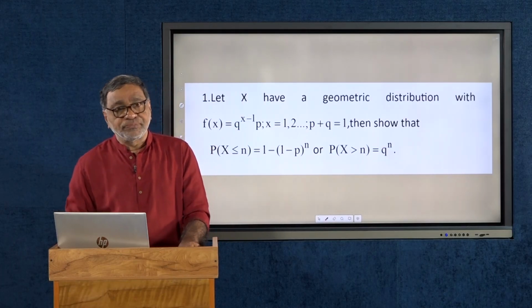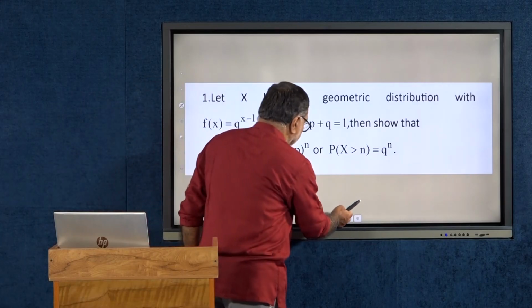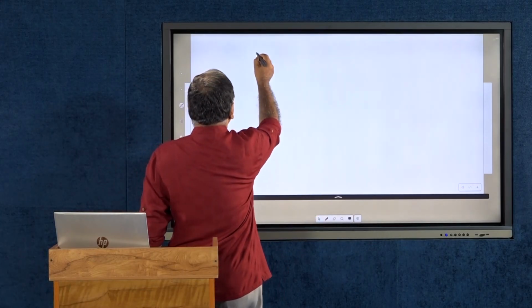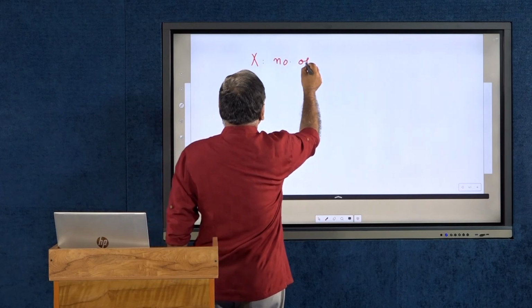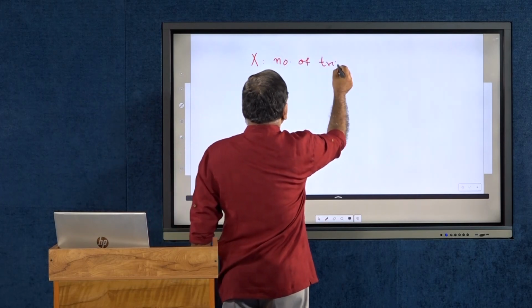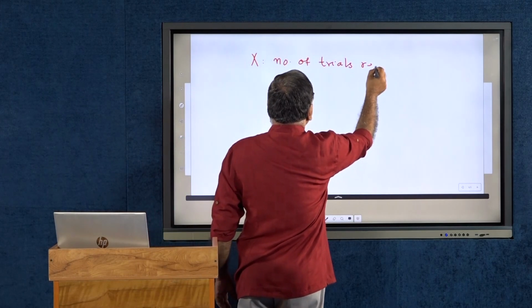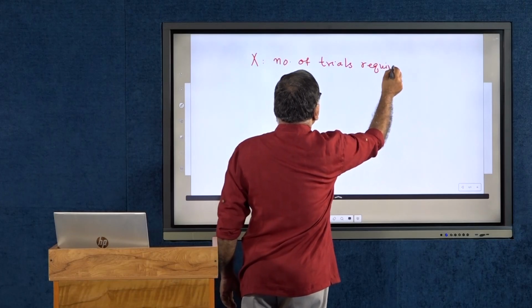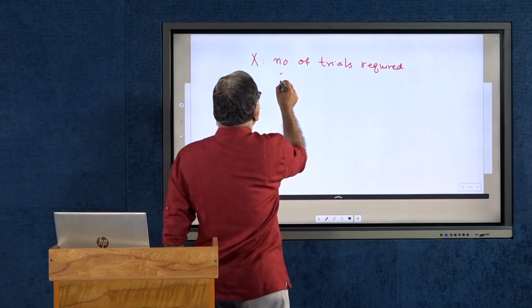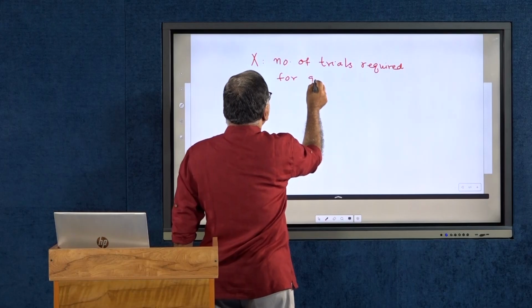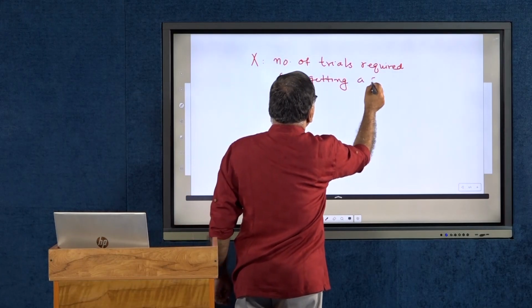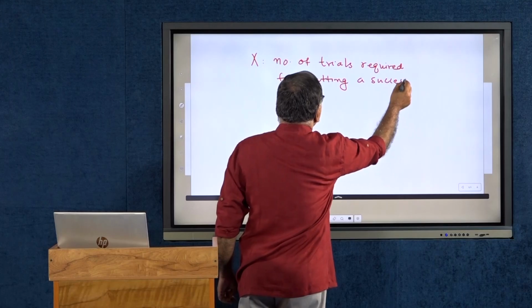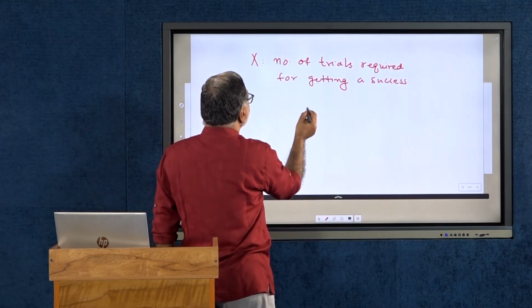So, consider, suppose x is a random variable, number of trials required for getting a success, and p be the probability of getting success.